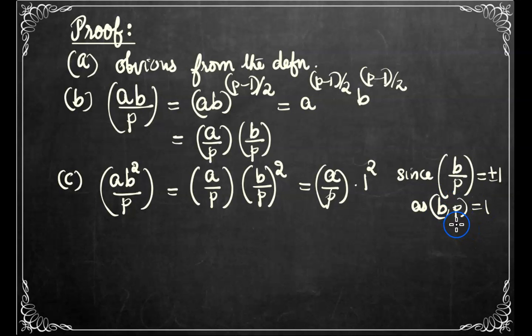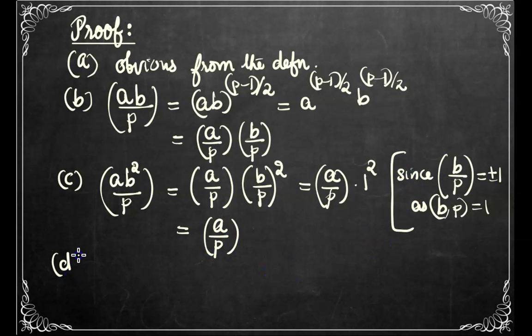So p won't be dividing b. Hence, the Legendre symbol can have either plus 1 or minus 1 as its value. In either case, the Legendre symbol (b/p) won't be equal to 0.